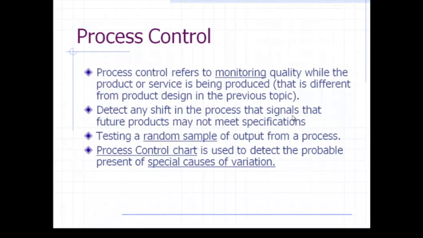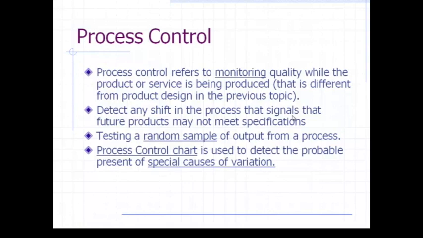So how we can control this process is we will test random samples of output from a process, and we will develop a process control chart that will be used to detect the probable presence of special causes of variations.